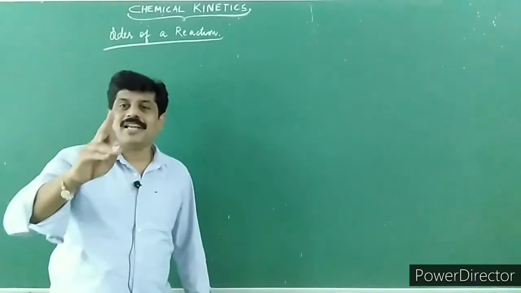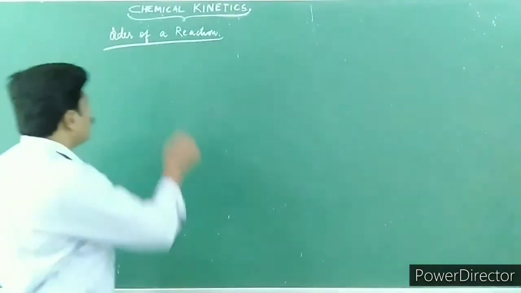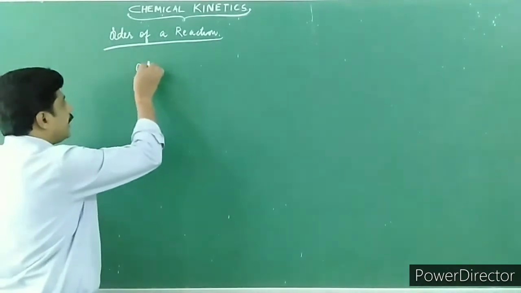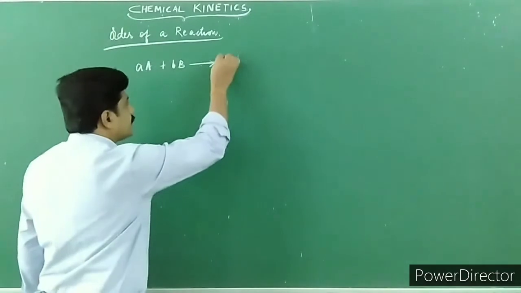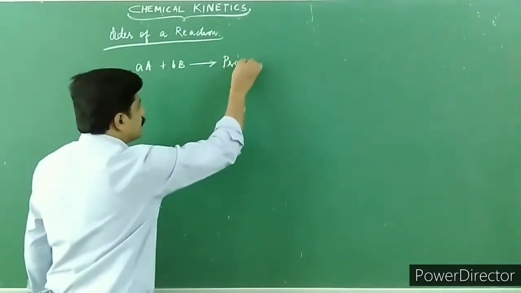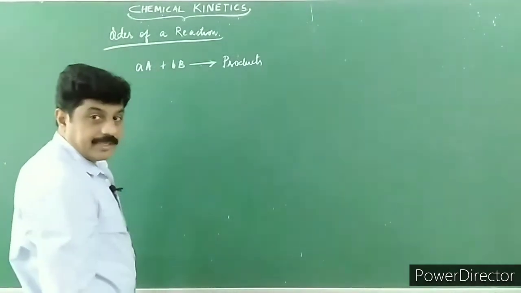Children, in order to understand order of a reaction, let me write one of the general reactions wherein A combines with B giving rise to products. And you know how to represent the rate law expression for a chemical reaction.